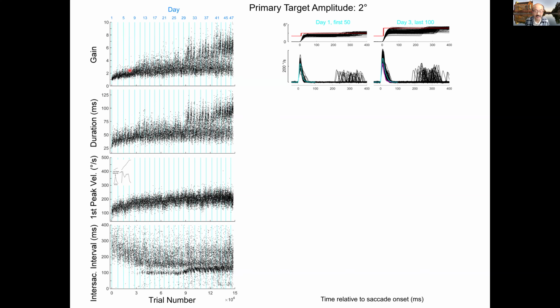In the new technique, we refine this: as soon as we detect the corrective saccade, we blank the target for 500 milliseconds, and that seemed to speed up the adaptation a little bit.